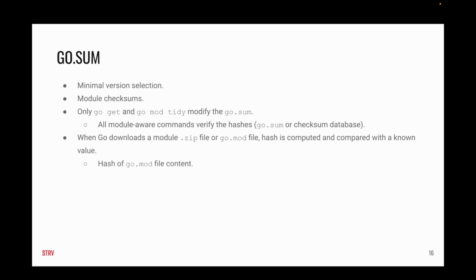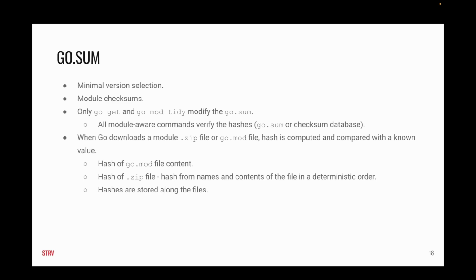First, the hash of the go.mod file is calculated, and then the hash of the zip file, which consists of hashes of the names of the files and their contents in a deterministic order. Then those hashes are stored alongside the files. So a new file is created and stored on disk along with these 2 files.